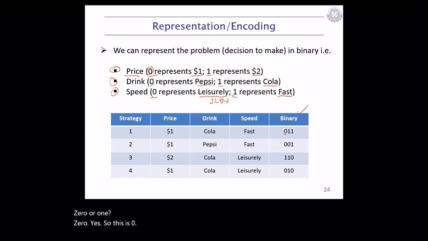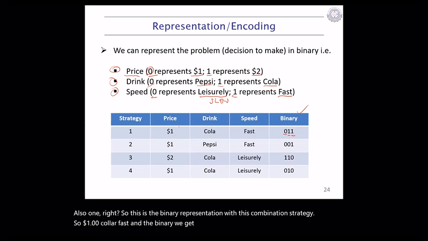And cola, based on the drink representation here, 1 or 0? 1. Yes. And then fast is also 1, right? So this is the binary representation of this strategy: $1, cola, fast gives 0 1 1.